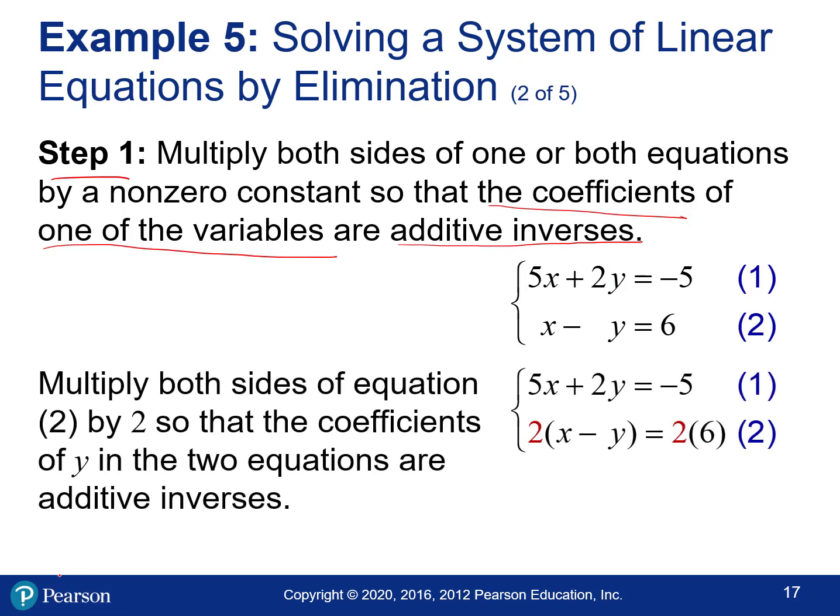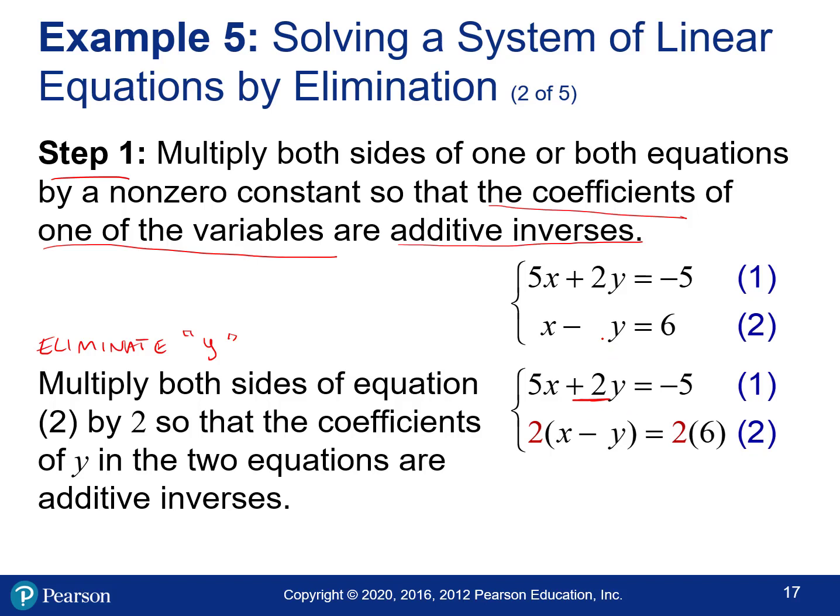So we're going to choose to eliminate y. This is a choice, so you have to choose what you're going to do. I'm going to eliminate y, so that's what we're focusing on. This y from equation 1 has a positive 2 as a coefficient.